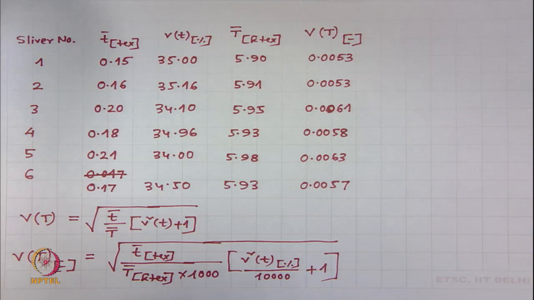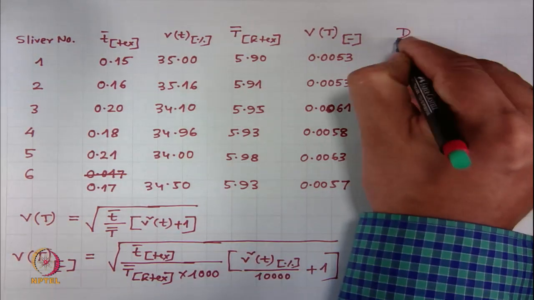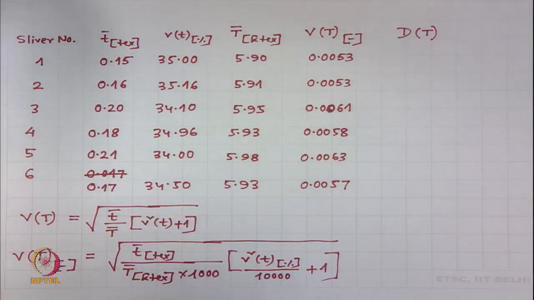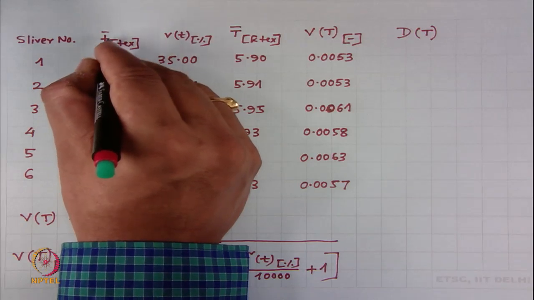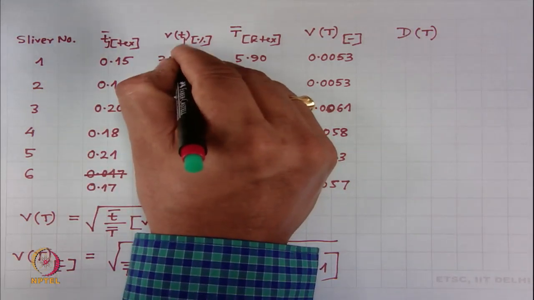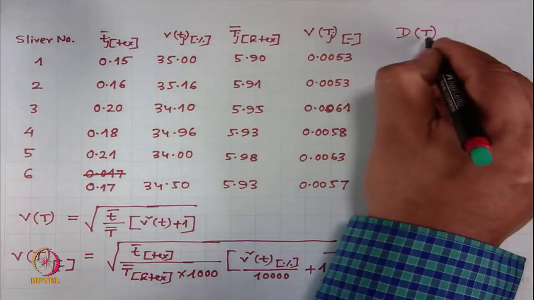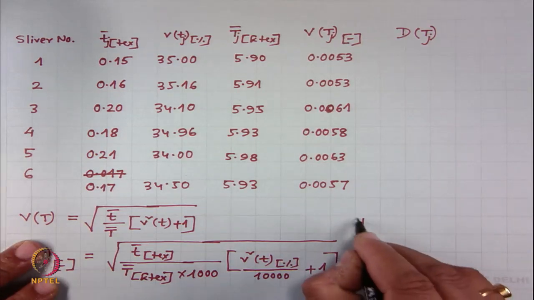Then you have to find out the variance. So, from this table you will find out the variance. Precisely, now, how to find out variance?